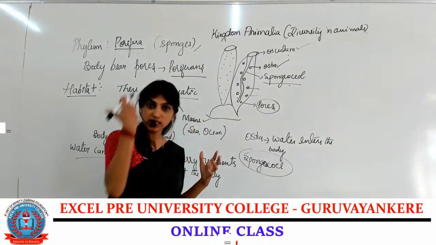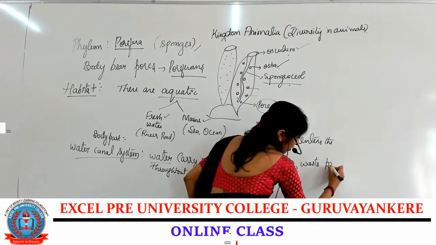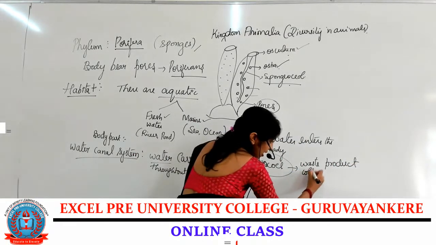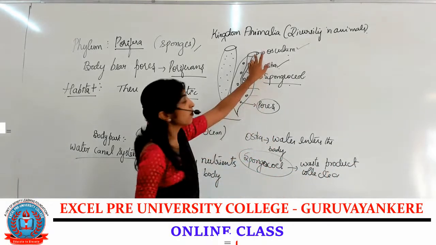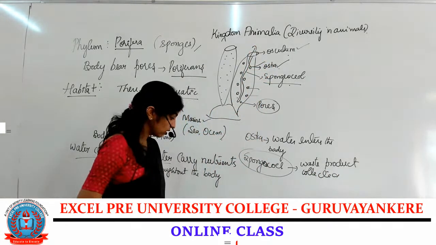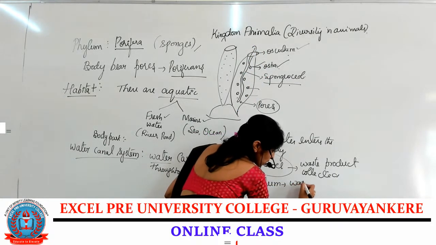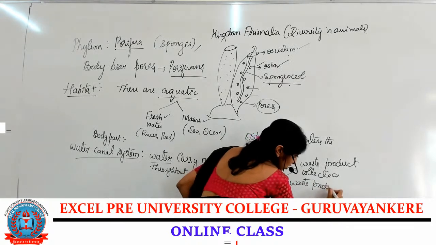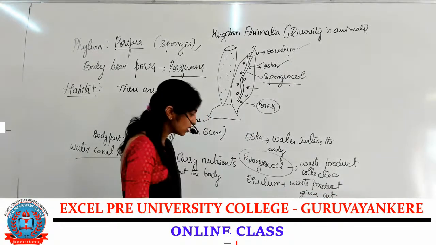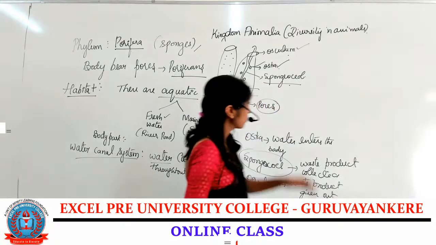Once it is circulated, the waste product is collected, and through the mouth-like structure, the osculum, the waste product is given out. You can clearly see here what happens.